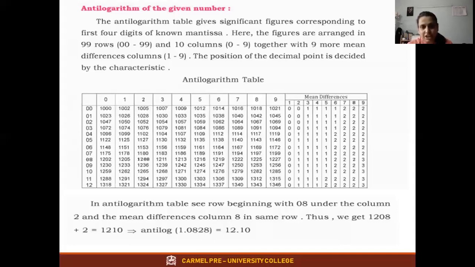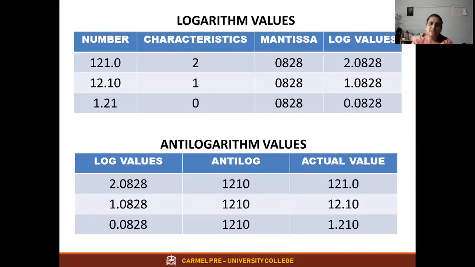In the anti-logarithm table, see the row beginning with 8 under the column 2, and the mean difference column 8 in the same row. Thus we get 1208, then you add the mean difference to get 1210. Now we put the anti-log value as 1210.